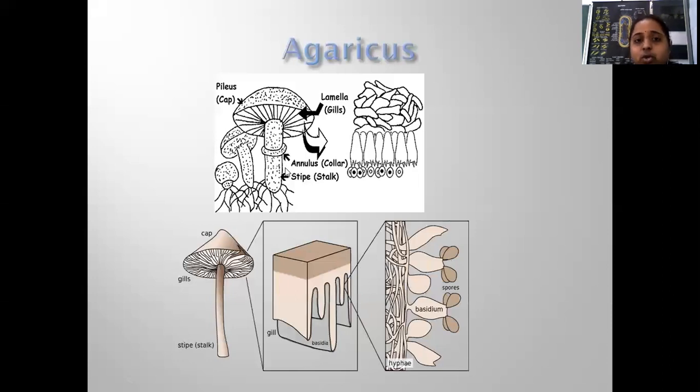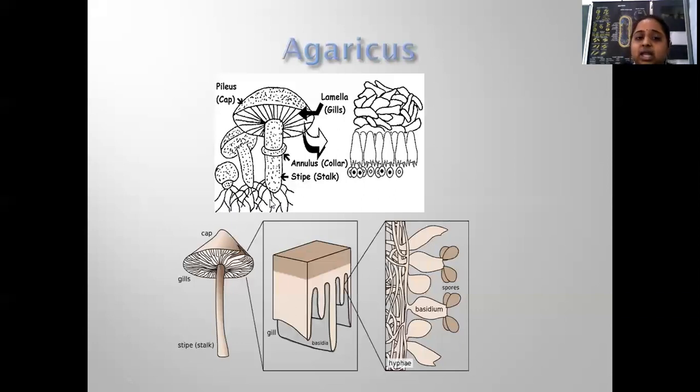One more thing you can notice in this picture is the fruiting body, which is called the basidiocarp. Beneath this is the aerial part, which you find on the ground. The part which is below the ground has root-like structures, which is the mycelium.